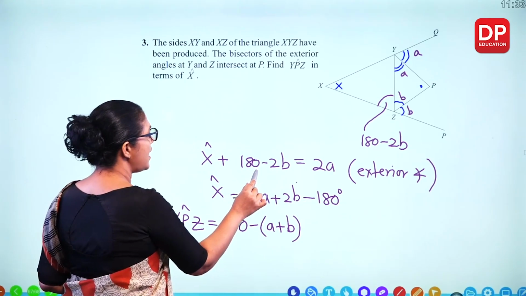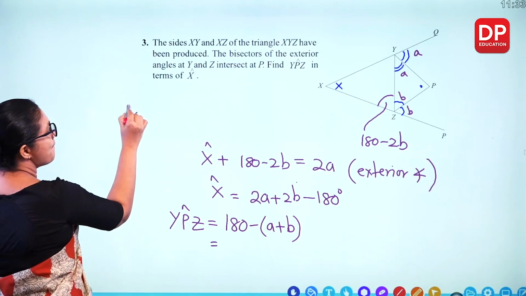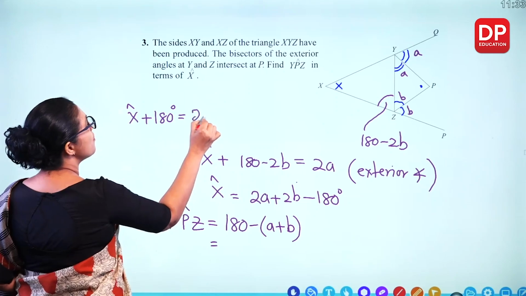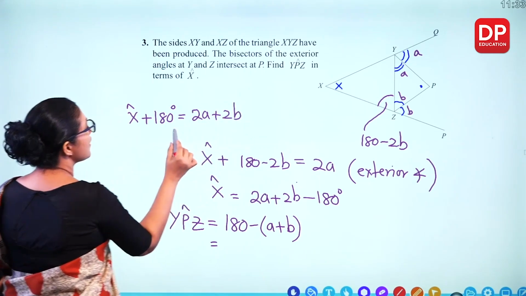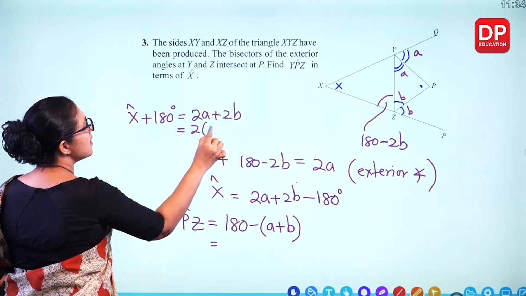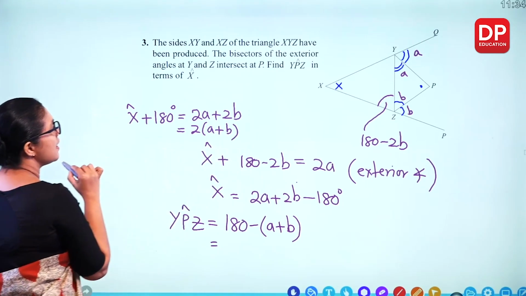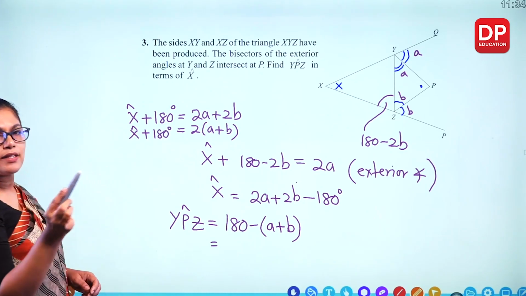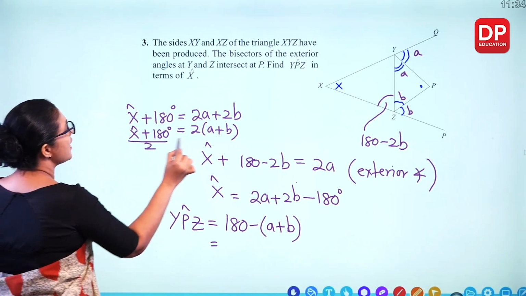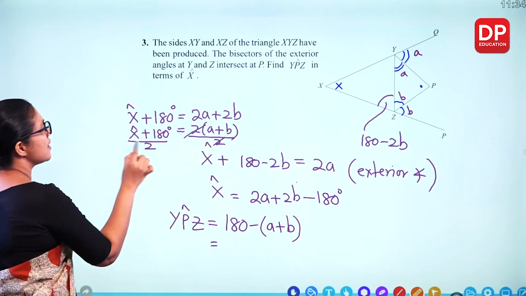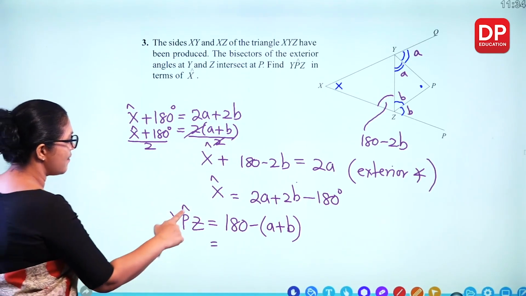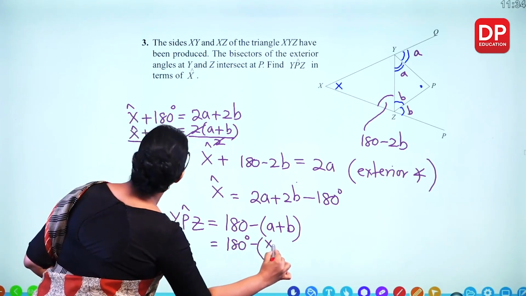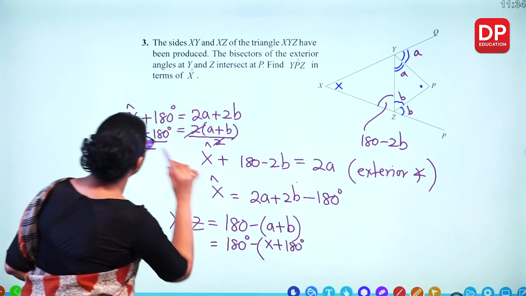So again I'll rewrite: x plus 180 is equal to 2A plus 2B. I'll take 2 out from that. A plus B here. So x plus 180. Now divide the whole equation by 2. I can get A plus B. So what's A plus B? Instead of A plus B, that's (x plus 180) divided by 2.